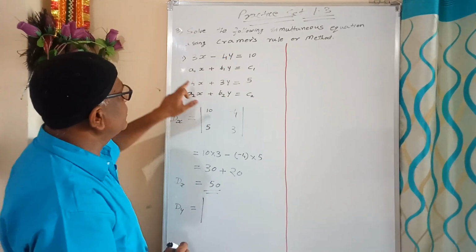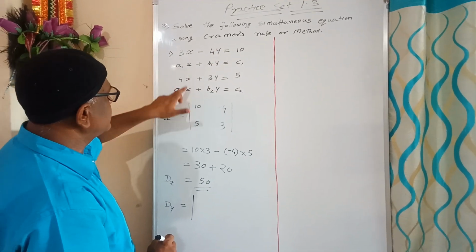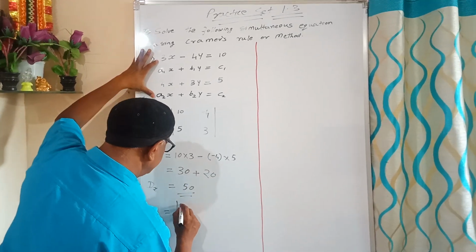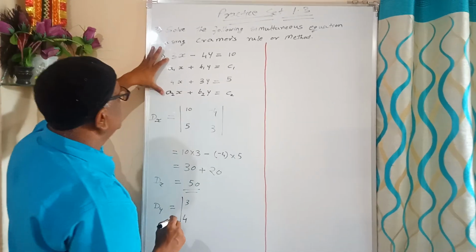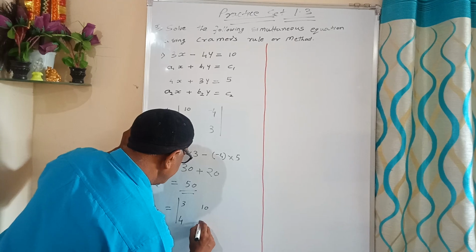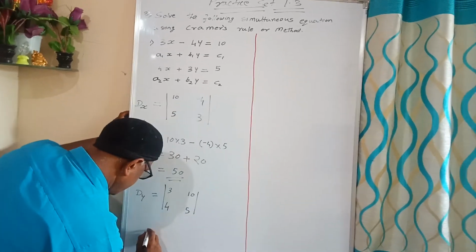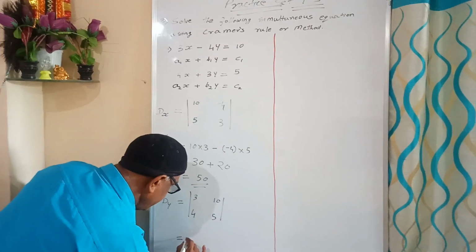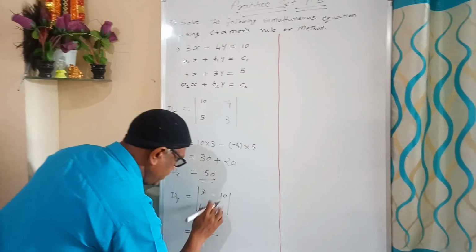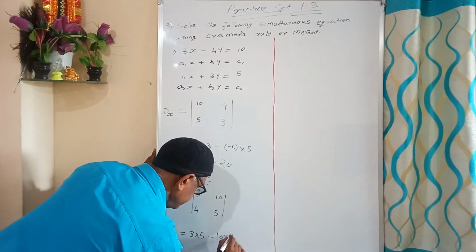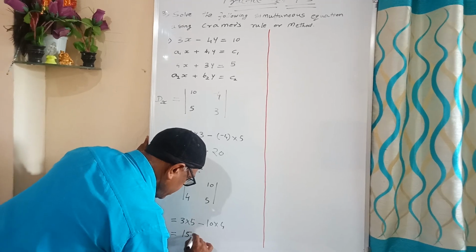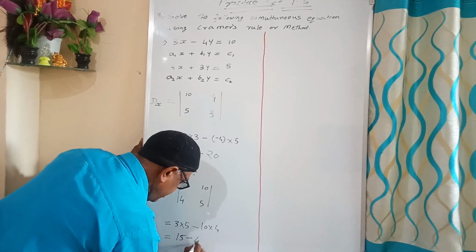Now write the coefficients of a1, a2, that is of x, 3, 4, and the constant terms 10, 5, which is equal to 3 into 5 minus 10 into 4, which is equal to 3 fives are 15, minus 10 fours are 40.